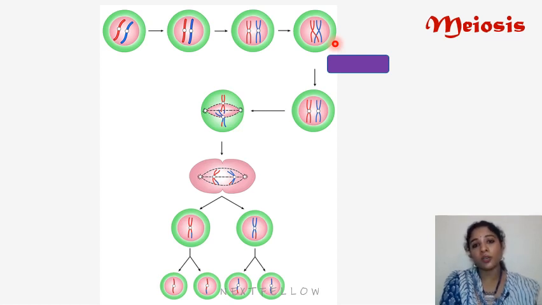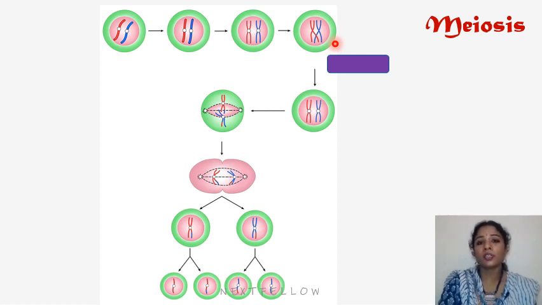That is the first meiotic division, also known as reductional division. In this, the number of chromosomes in daughter cells is reduced to half the number of the mother cell, so it receives the haploid number of chromosomes. Next, continuously, comes the second meiotic division.